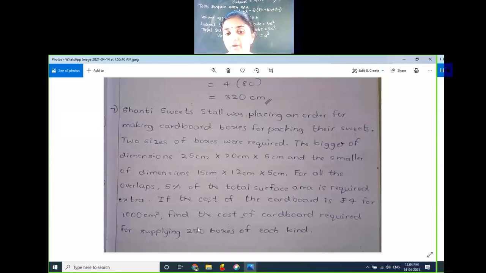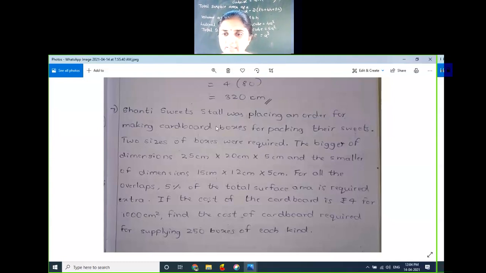First we have to find out the total sheet required for 250 boxes of the bigger dimension sweet box, and we have to find out the total sheet required for the 250 of the smaller kind. Then we have to add the amount. Got the idea now? This is the bigger dimension sweet box and this is the smaller. So we have to find out how much cardboard is required for the bigger dimension and smaller dimension, 250 of this kind and 250 of this kind.